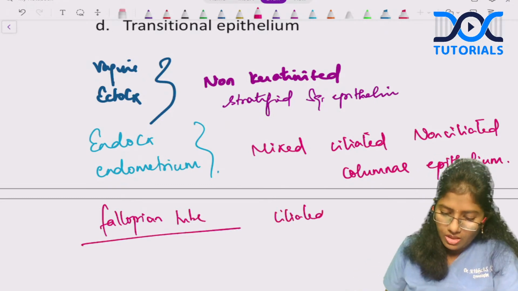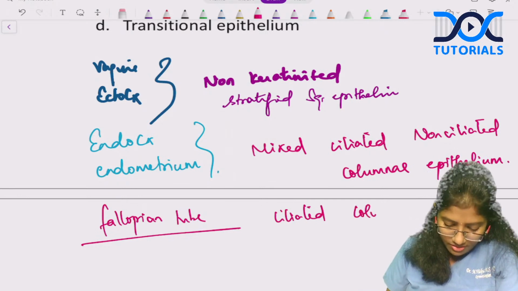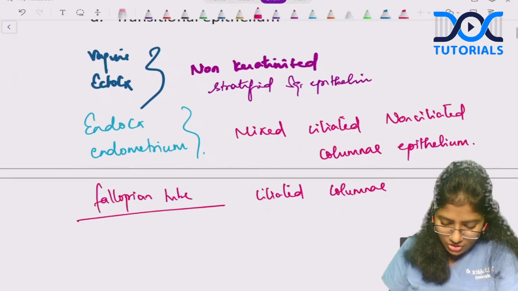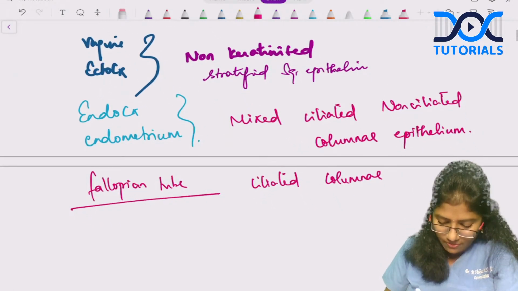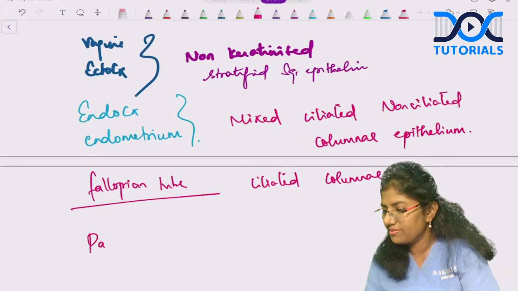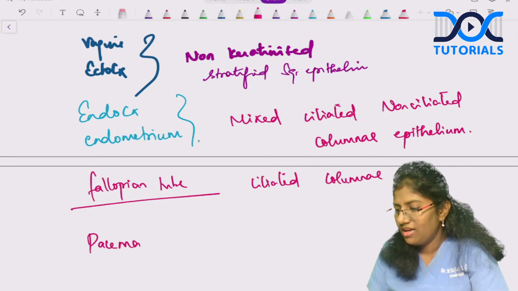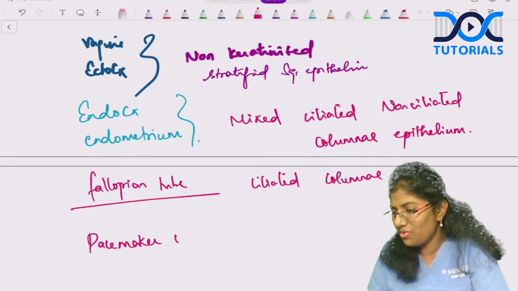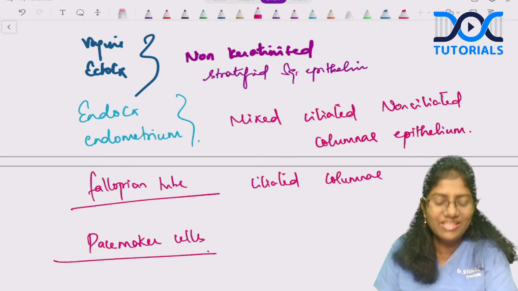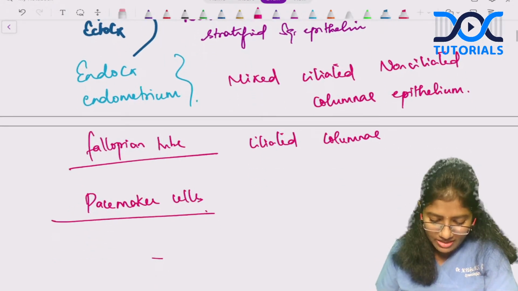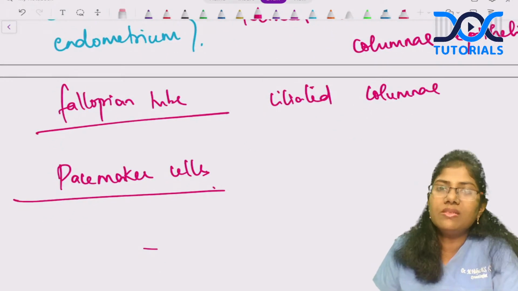Now, what are pacemaker cells in the fallopian tube otherwise called? Okay, Akash, I'm sorry for that. Now try to follow. Tell me, where do we have pacemaker cells in the genital tract?